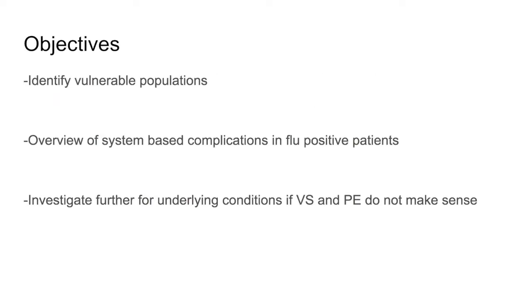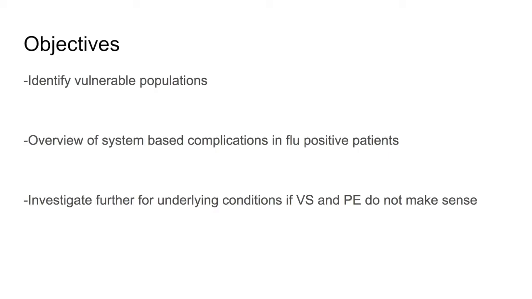So, three objectives that I have today. The first is to identify vulnerable populations. I think we all know them, but it's better to just go over them once again so we can commit that to memory. The second objective is just an overview of different system-based complications of influenza.